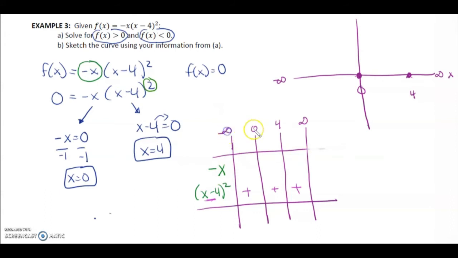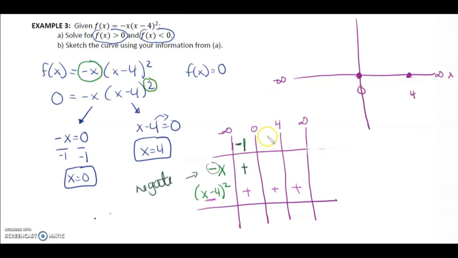So negative infinity to 0, let me choose -1. If we're going to have negative of -1, all we're doing is negating. Negate just means flip the sign. So if we subbed in -1 there, we'd get +1. Choose a number between 0 and 4.